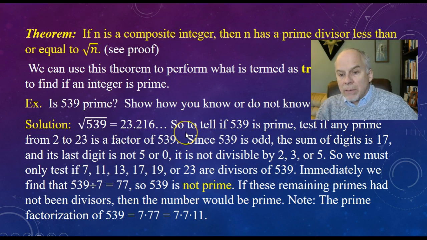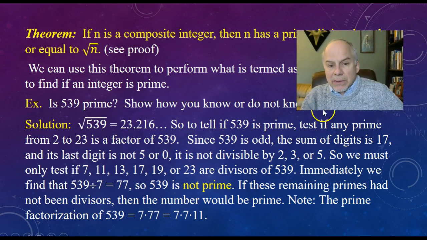So we ought to be able to, if 539 is composite, find a factor of it before we get to 23.216. In other words, up to 23.